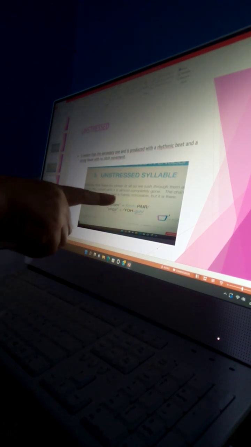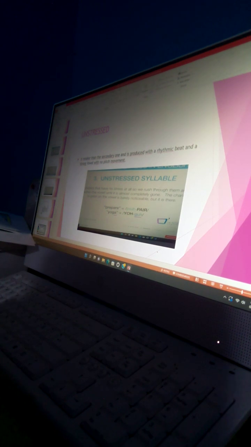For example, the word "prepare," okay, here we can see that the stressed syllable is "pre," and the lower sound is "pair," okay? And "yoga," okay? "Ga" has the stress in this word, "yoga," all right?